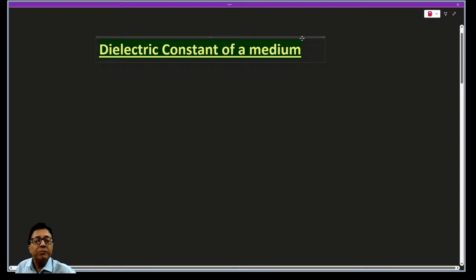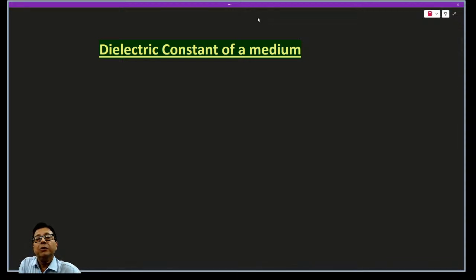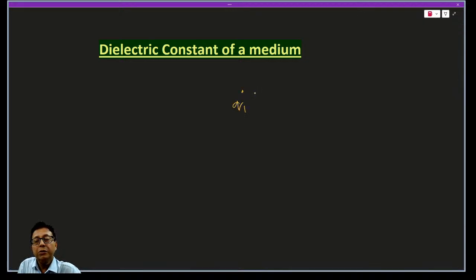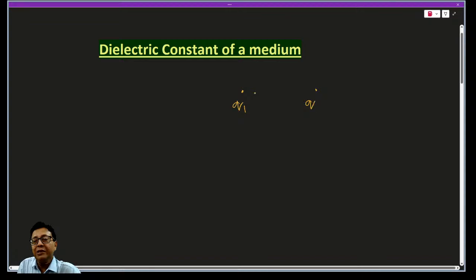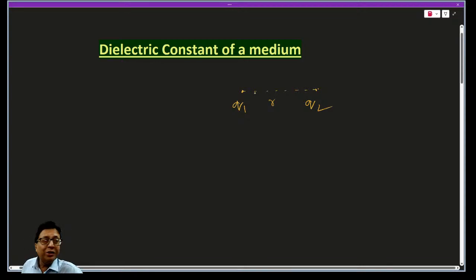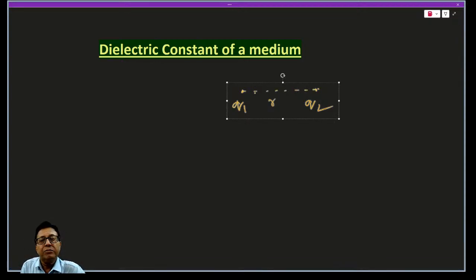This time, Coulomb's law, that force of attraction or repulsion, whatever you told, between two stationary charges, the formula is going to be a little bit modified.